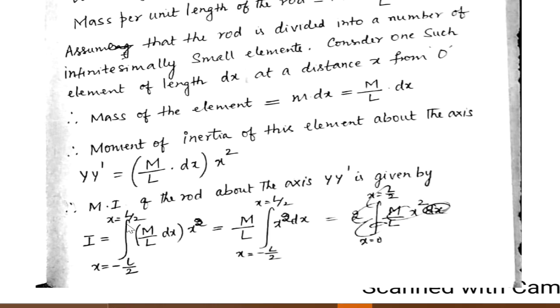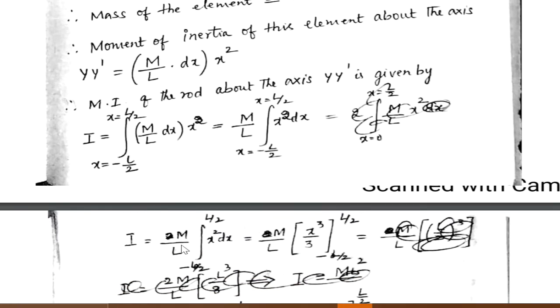So therefore, I is equal to integral of M by L dx into x square between the limits x is equal to minus L by 2 to x is equal to plus L by 2. Now take out M by L as constant into integral x square dx.